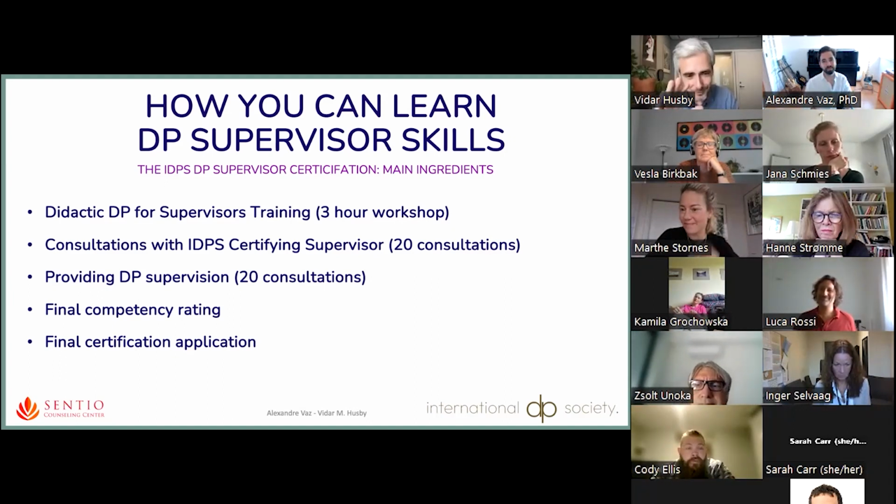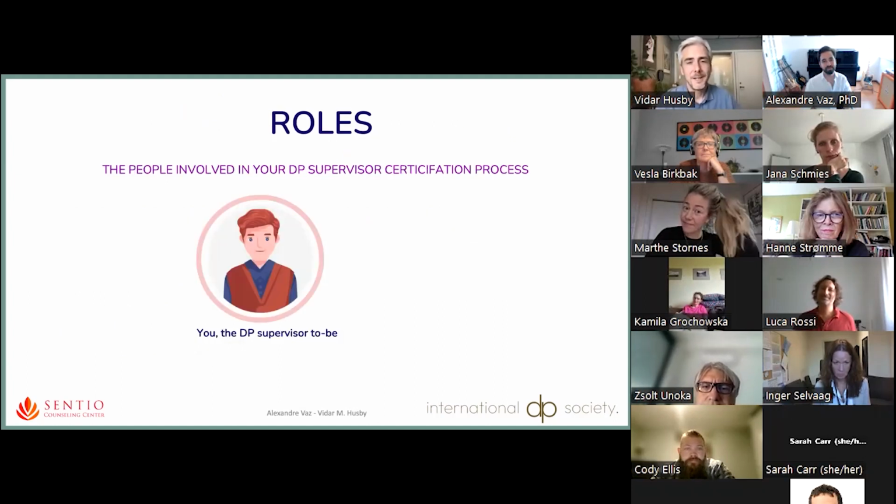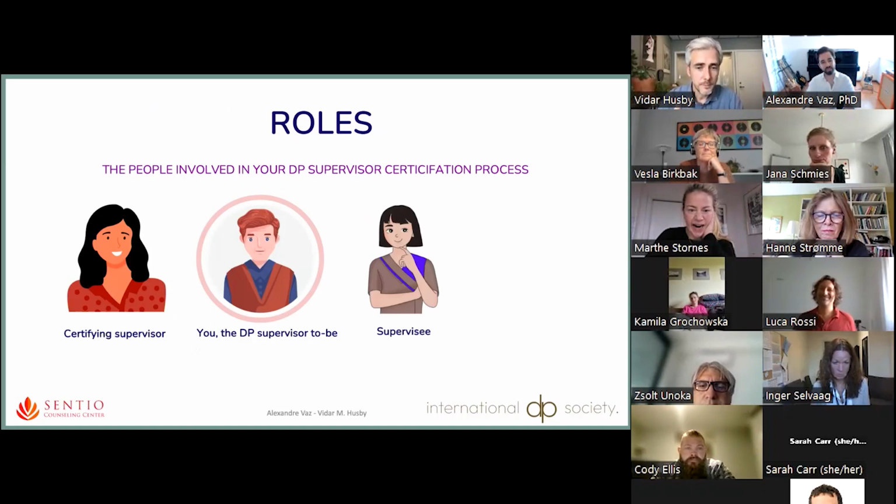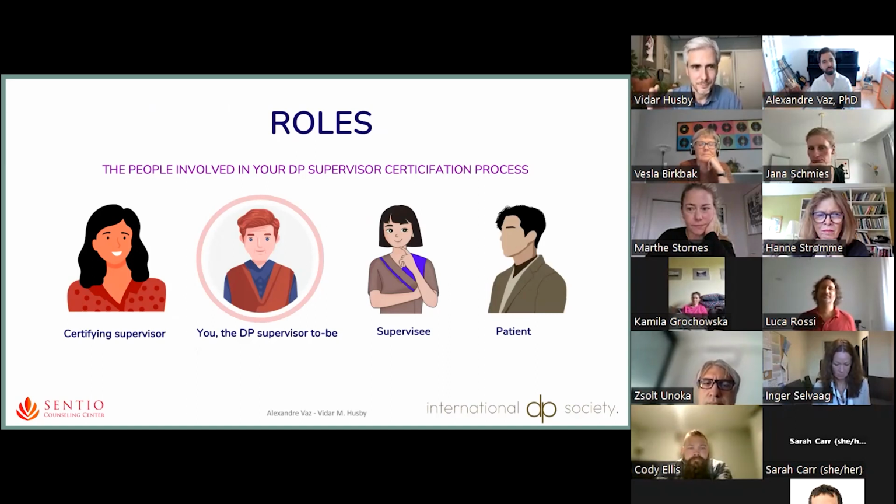So just to map the roles included, this is you, the DP supervisor to be. And then you have a certifying supervisor who gives you supervision on supervision. And then you provide supervision to a supervisee who has patients. So these are the main roles.